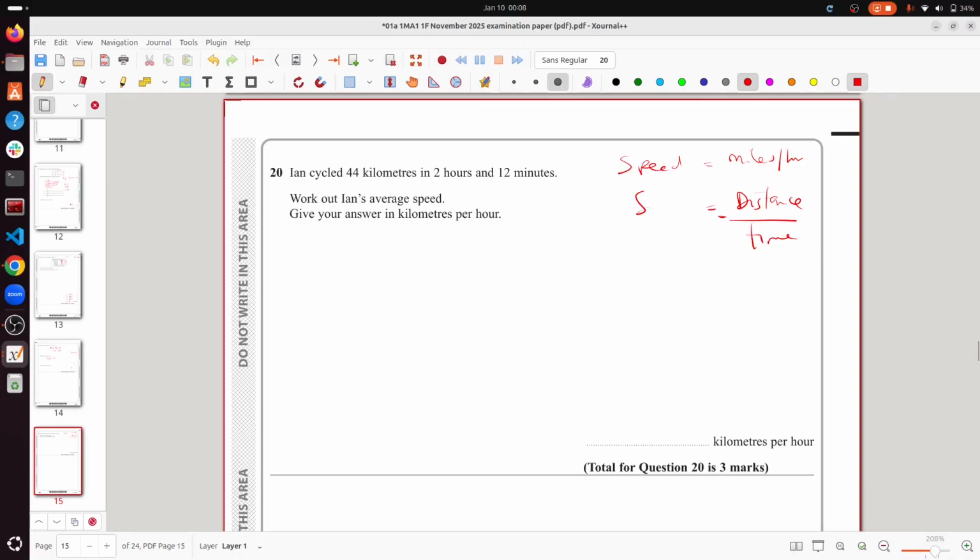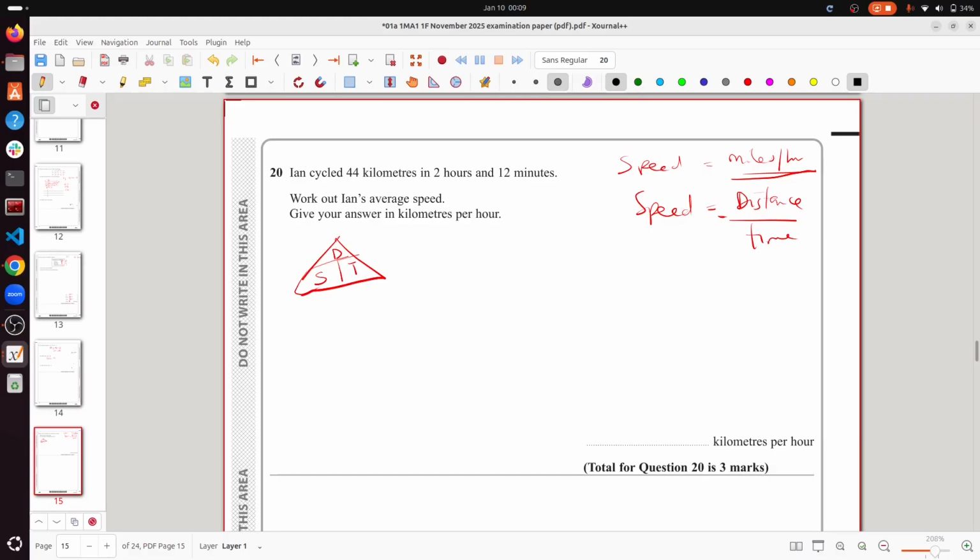That tells me that speed is equal to distance over time. That's if you forget your triangle. If you forget this, go back to what the units are. So we know the speed is distance over time.